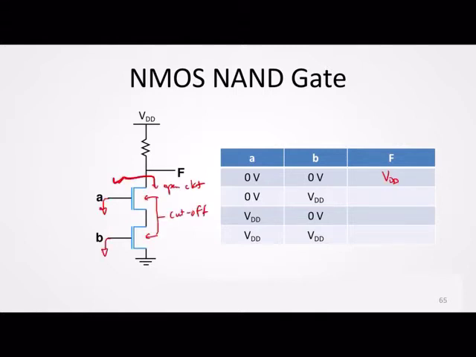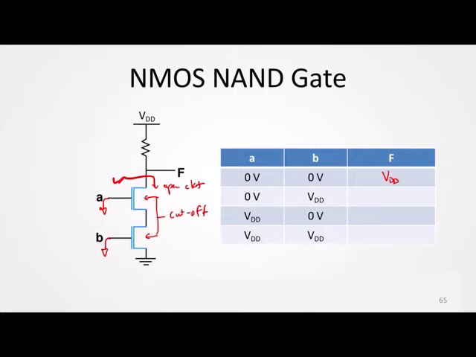And then, if one of these would be 5 volts, so let's say yung B maging 5 volts, ganun pa rin, no, dahil cut off pa rin yung A. So, open pa rin lahat nung nasa baba ng left. It's as if disconnected pa rin ito. Kailangan may path ka to ground to be able to pull down F to 0.